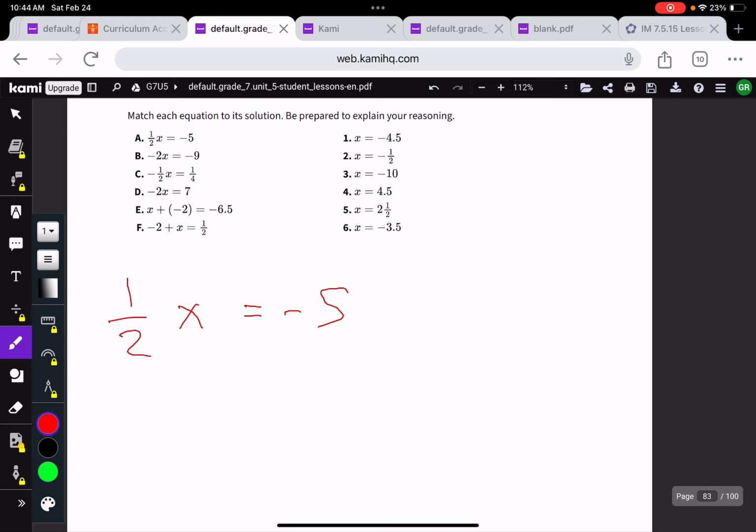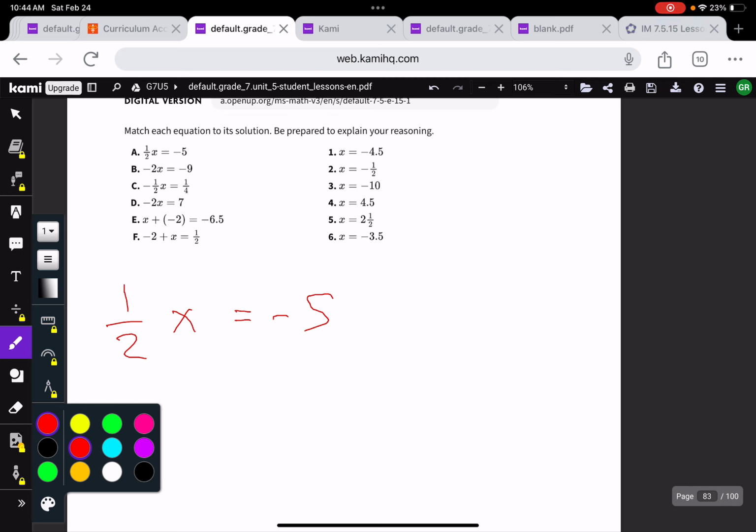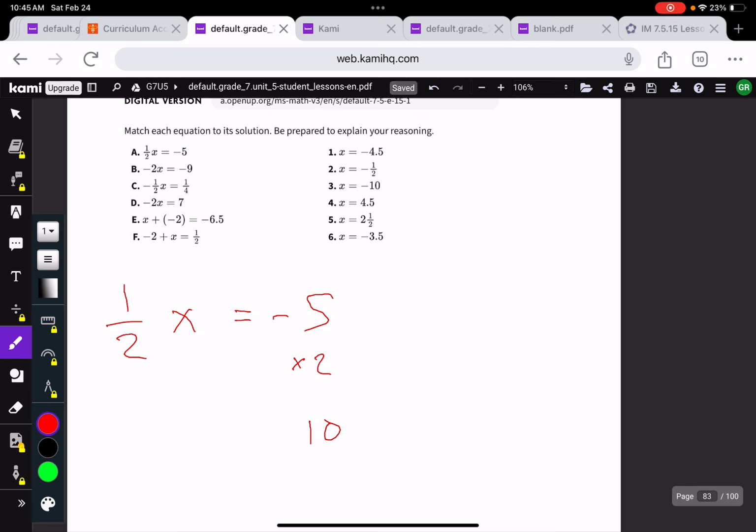Well, if half of something is 5, if I took that 5 and doubled it, that would get me 10, because I know half of 10 is 5. If half of 10 is 5, then half of a negative 10 is a negative 5. And notice, if we said 10 is our answer, it's not one of the solutions on the right, but I do see a negative 10. So we can go ahead and connect those two.